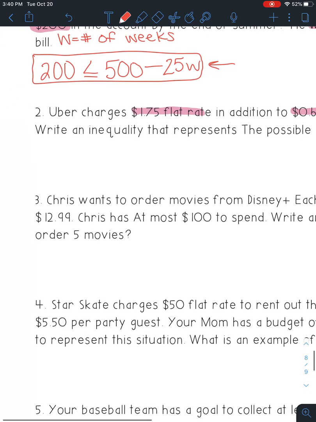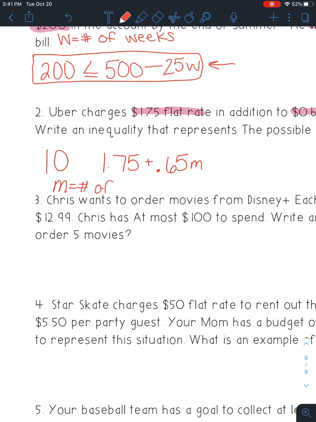All right, so once again, she's got that $10. We know it's $1.75 flat plus 65 cents per mile. I'm going to represent miles with M. So again, I'm putting in a variable, so I've got to write what that variable represents. M is the number of miles.